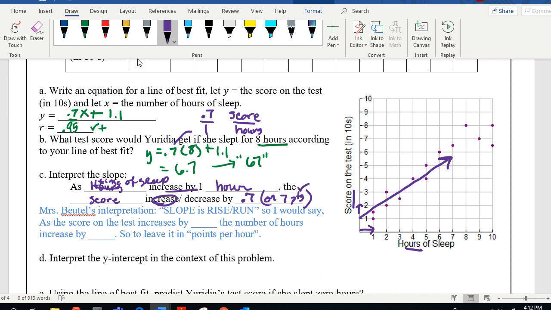And so I like to interpret in the way of rise over run. So for me, I would say as the score on the test increased 7 points, the number of hours increased by 1. So this would be like 7 points per hour slept.